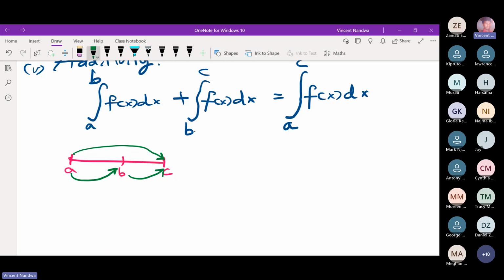So we can be asked to compute the value of some arbitrary functions using these properties we have stated here.